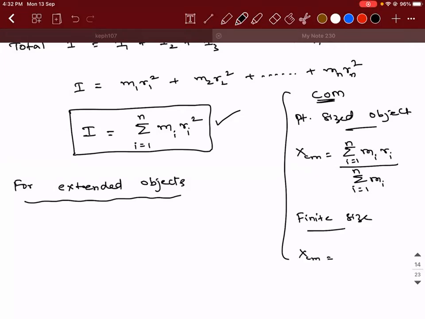The x-coordinate of center of mass is equal to, tell me. I showed you a derivation also.